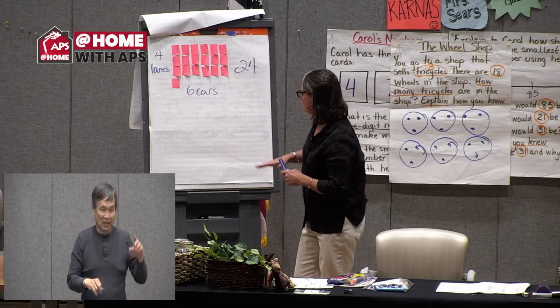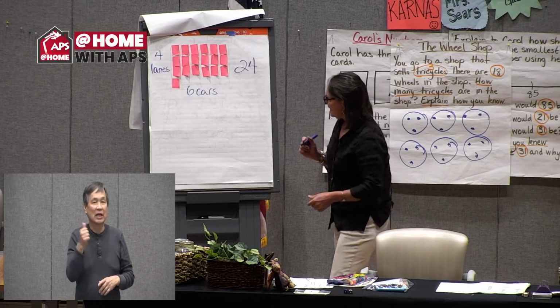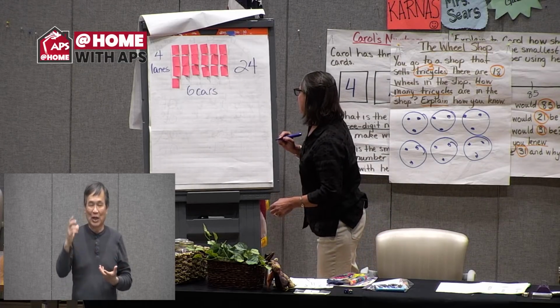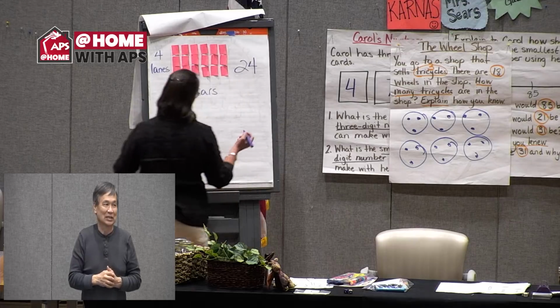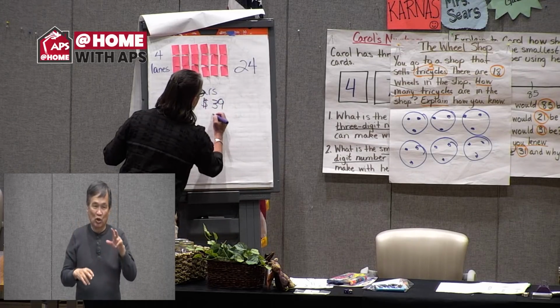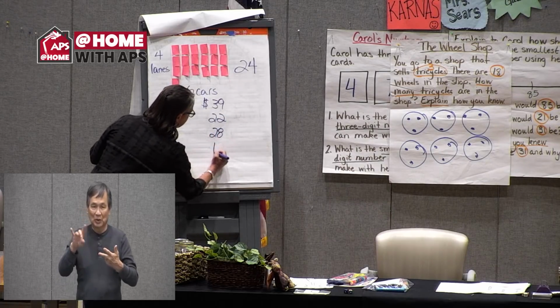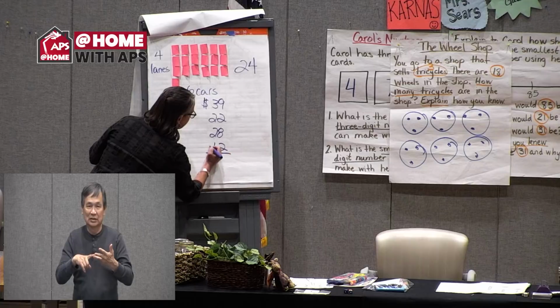He was really quick. The other thing I wanted to look at was how he estimated the amount that items would cost. Here were the actual numbers he had. $39, $22, $28, and $12.